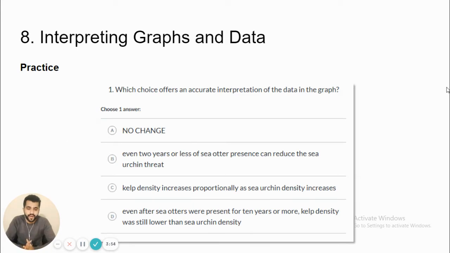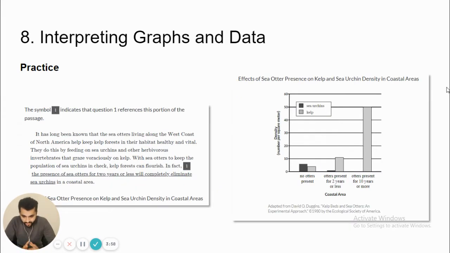Now, if you look at these data points, let's read A again: the presence of sea otters for 2 years or less will completely eliminate sea urchins. But if we look at the middle bars, the otters have been present for 2 years or less, but there is still some minimal density of sea urchins.